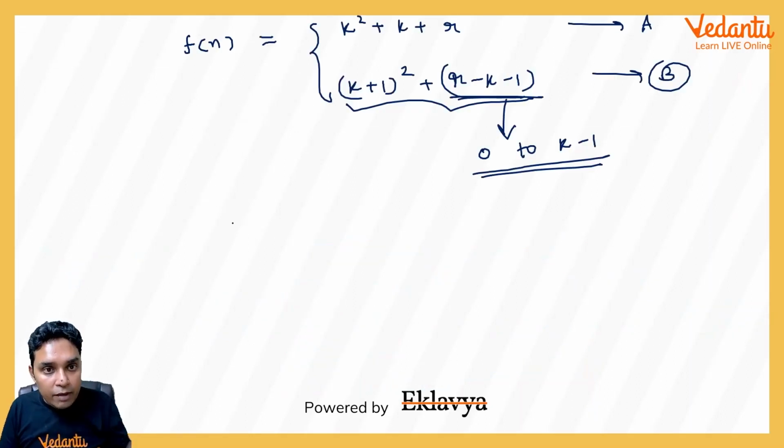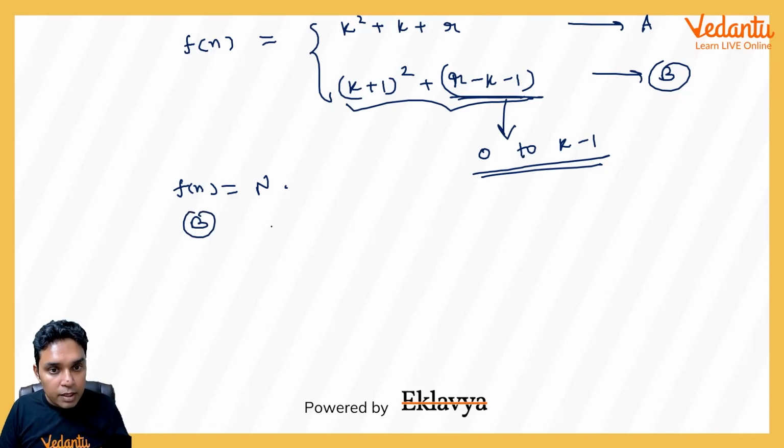Now I will take f(n) to be, let us say, capital N, and in this category B I am talking about, this N is actually k plus 1 whole square plus, let me call this r dash, and in this case r dash is between 0 to k minus 1.